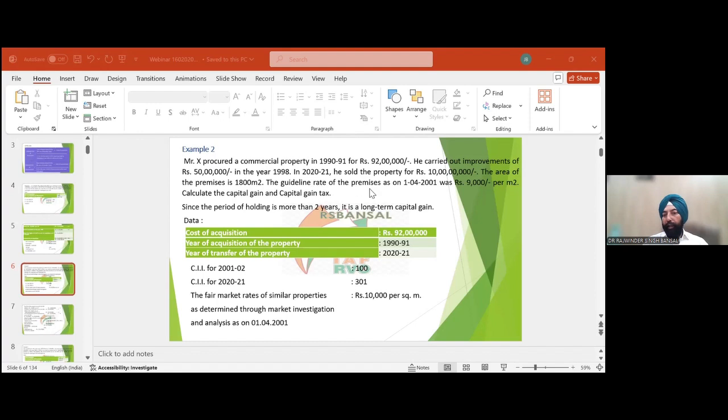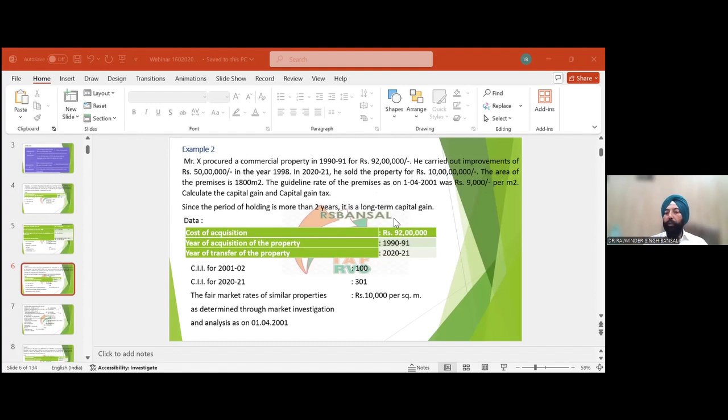The guideline rate of the premises as on 1st April 2001 was 9,000 per square meter. Calculate the capital gain and capital gain tax. Since the period of holding is more than 2 years, it will be calculated as long-term capital gain.